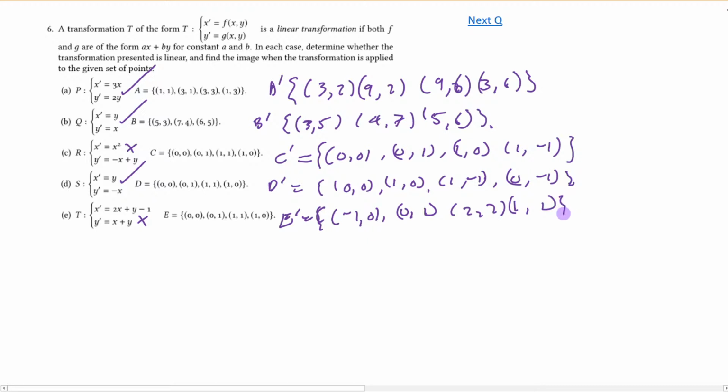I just want to check that one again, because my writing's a bit wobbly on that one, so I'm putting 1 in and I get, yeah, I was right there. 2 minus 1 is 1, yeah, that's good, and put that in and get 1, so that's correct. Okay, so that's question 6. All right, moving on to question 7.